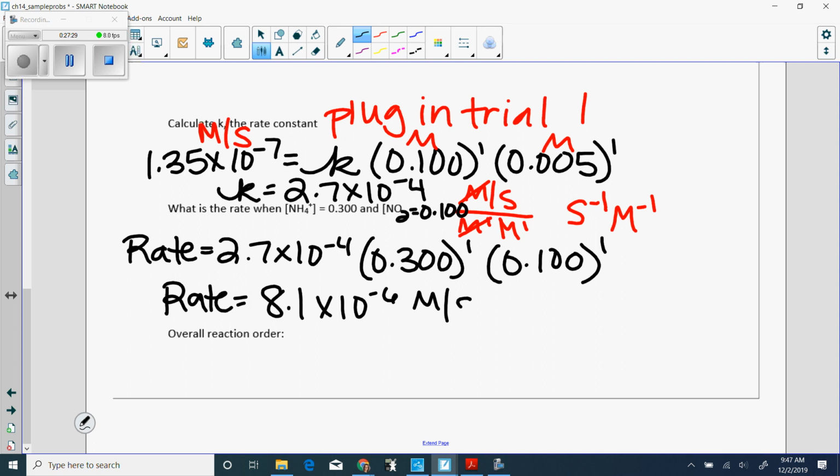Unit for rate never changes. It's always molarity per second. Only the k do you have to solve for every time, okay?